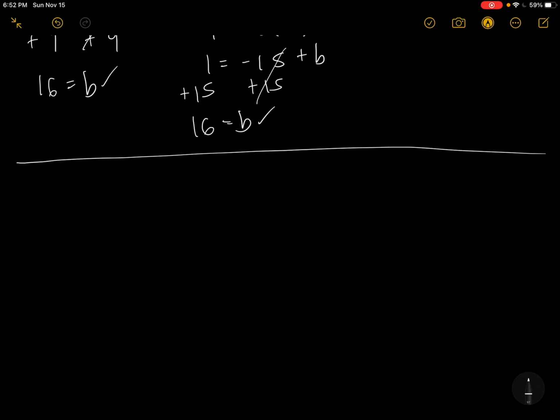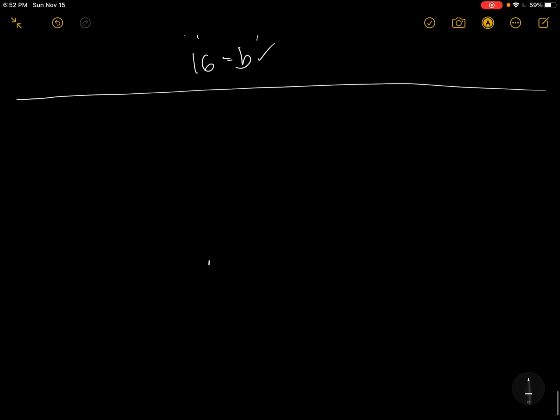The last one I want to cover is what happens when you have an equation that looks like this. So if you remember the y-intercept form, there's no x in this equation, right?